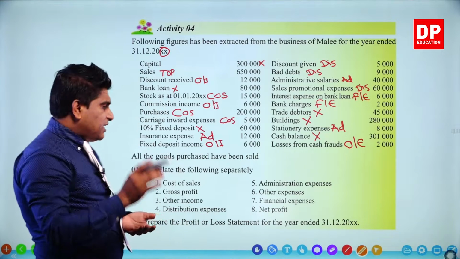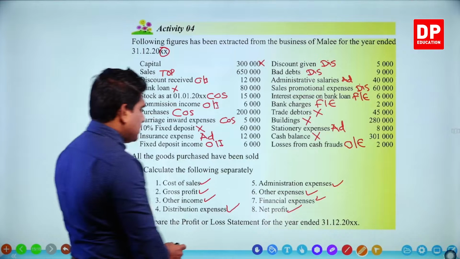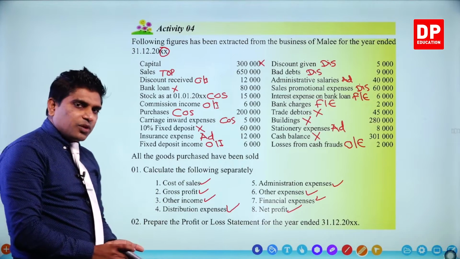Now they ask this: calculate the following separately. What they ask? Cost of sales they ask. Gross profit they ask. They ask other income. Distributing expenses separately they ask, right? Administration expenses total they ask, right? Other expenses they ask. Financial and net profit finally they ask. They ask the 8 items separately.